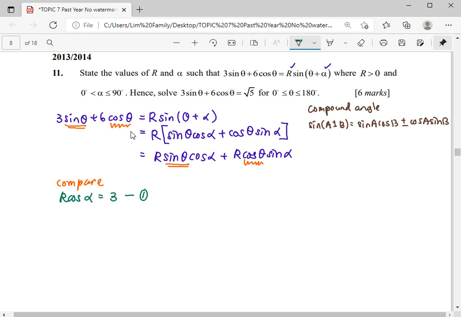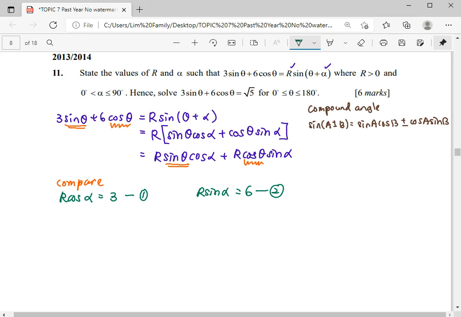That will be our first equation. Another comparison is r sine alpha equals 6. So two equations for solving two unknowns, r and alpha. After we get r and alpha, this form of trigo can be expressed as a single trigo term.